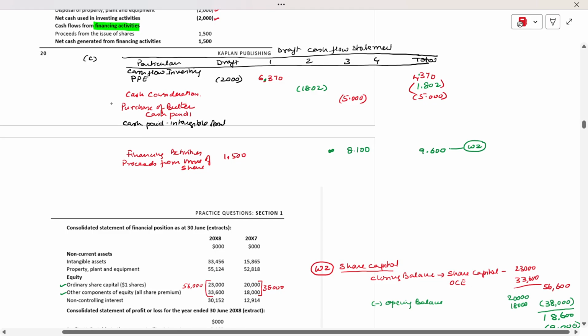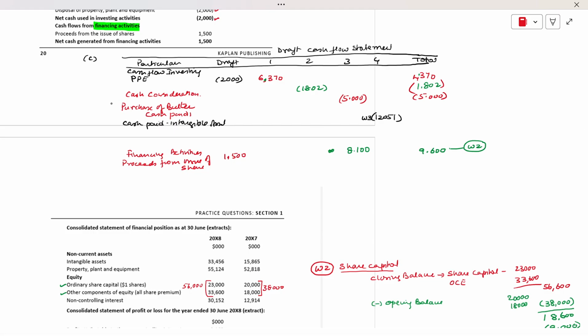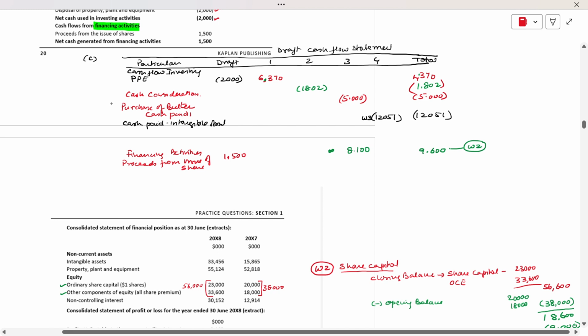This is working 3, 12051. It is minus in the total column, 12051. Are you clear about this? Yes, sir. Okay. Next.